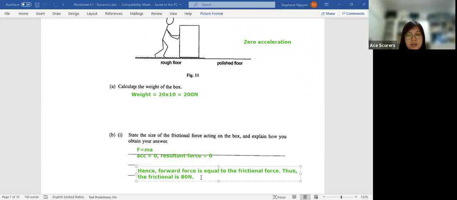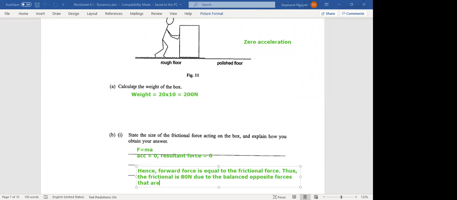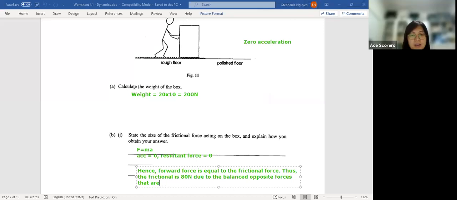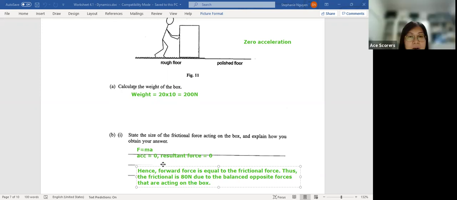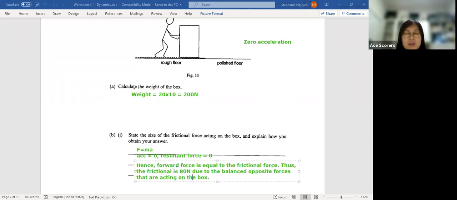Okay, so this is based on the balance of opposite forces that are acting on the box. So these are all the explanation, especially when you need to bring in this F equals to ma concept. You have to explain it clearly, right?